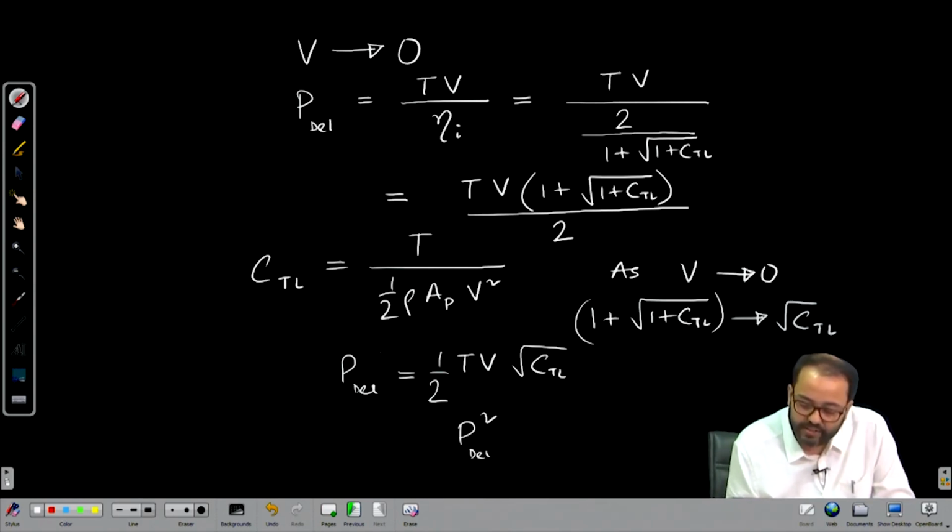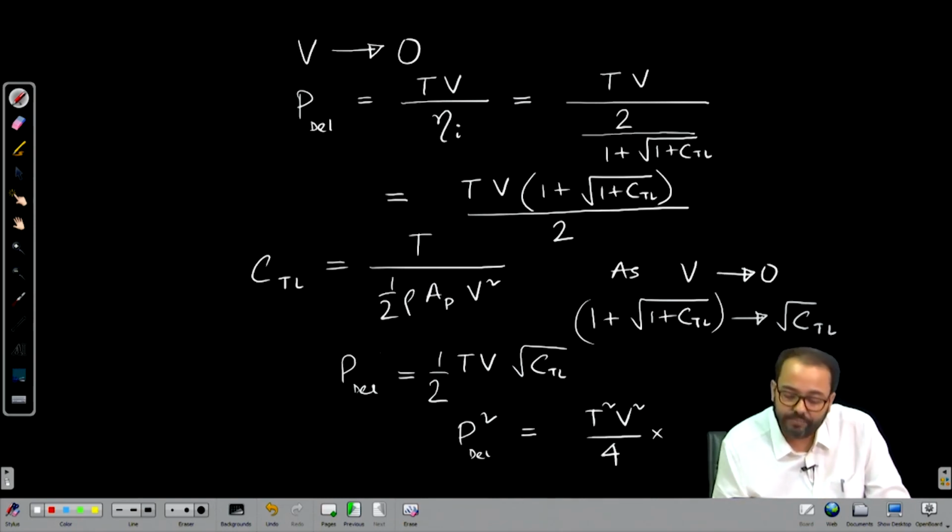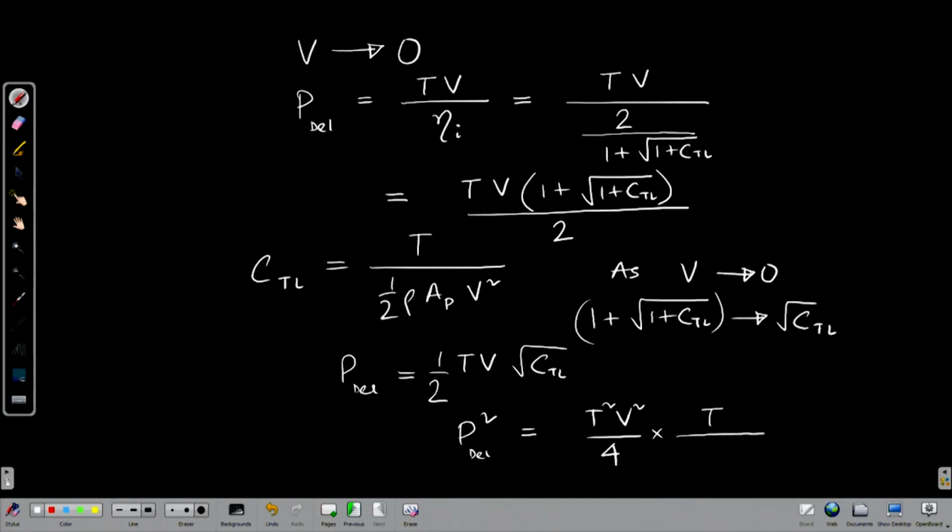Okay. Now, if we take square, power delivered square will be T square V square by 4 into CTL. Now, what is CTL? CTL is T by half rho AP V square. See, the V square term can be cancelled out, so that we can get this equation, power delivered square is T square into T is T cube by 4 by 2 is 2 rho AP.